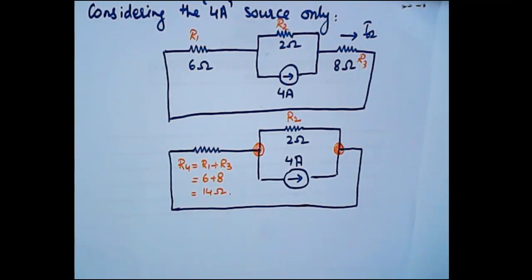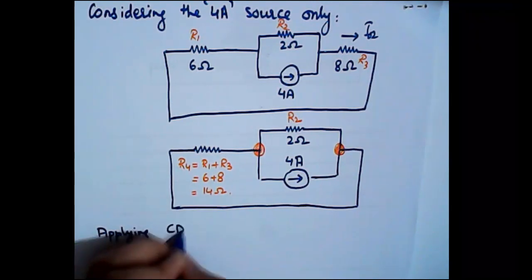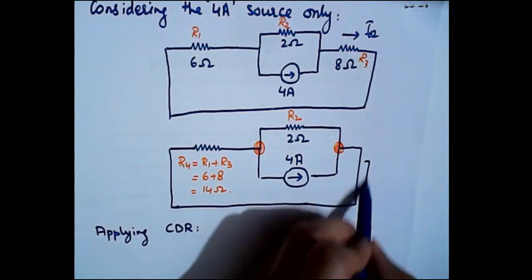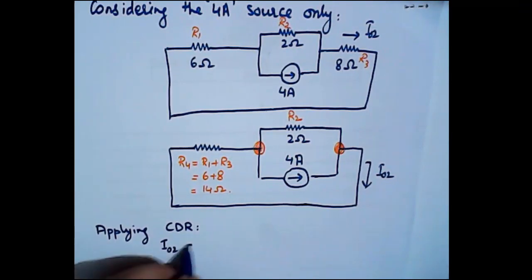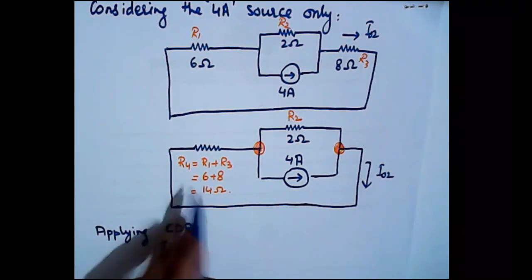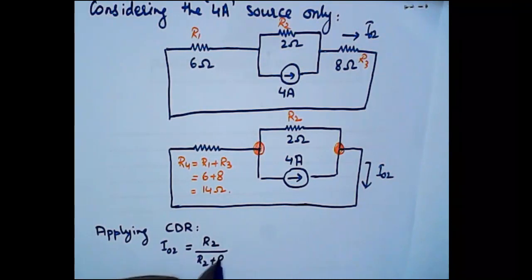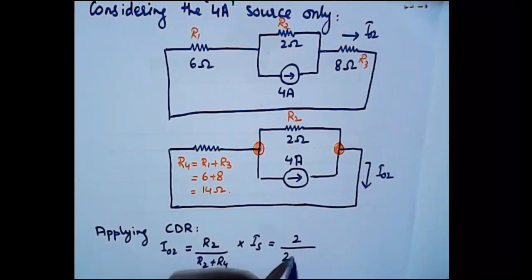So applying CDR here will give the value of this current I02, right? So I02 is equal to how much? The opposite resistance, that is R2, divided by R2 plus R4, multiplied by IS, is equal to 2 divided by 2 plus 14 multiplied by 4.